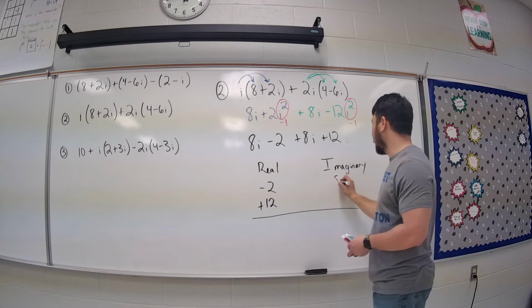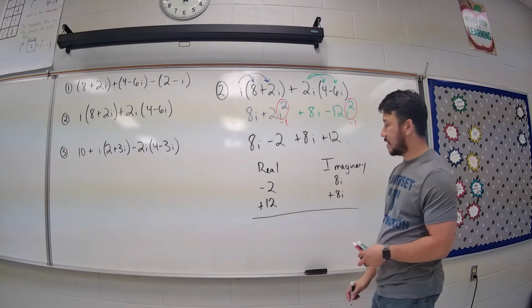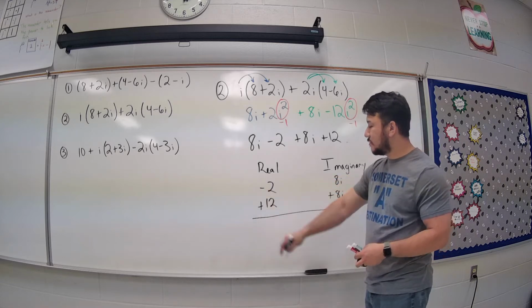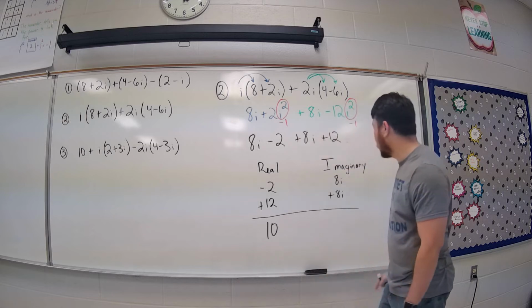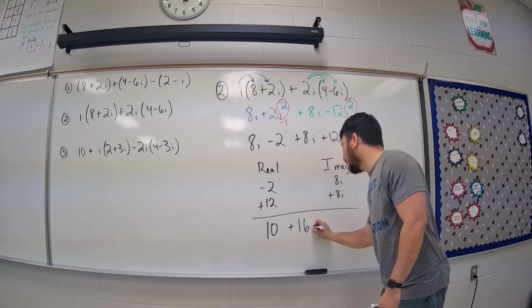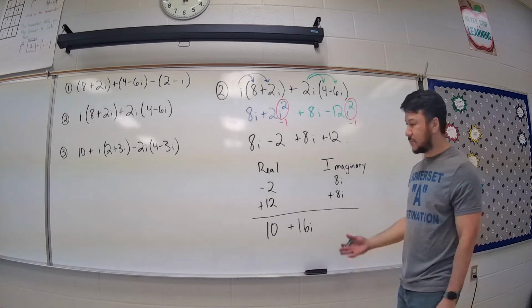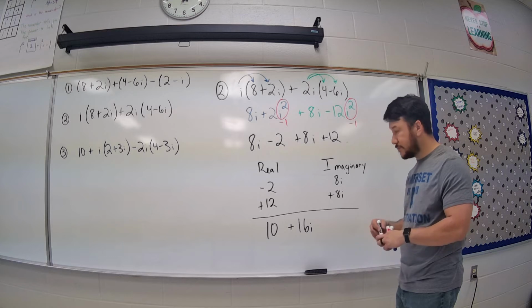My imaginaries, I have 8i and a positive 8i. So this is going to make it a little bit easier. So negative 2 plus 12, I'm going to get 10. 8i plus another 8i, we'll now have 16i. And the i's don't change because we're adding, so we're just going to combine our coefficients and numbers up front.